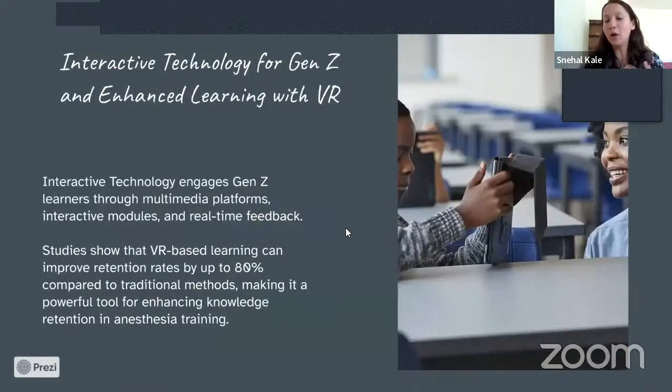Personally, we haven't been using a lot of virtual reality and interactive technology, but moving forward, that's going to be coming up more and more. And what they've shown is that virtual reality-based learning can improve retention rates by up to 80% compared to traditional methods, making it a very powerful tool for enhancing knowledge and retention in anesthesia training.